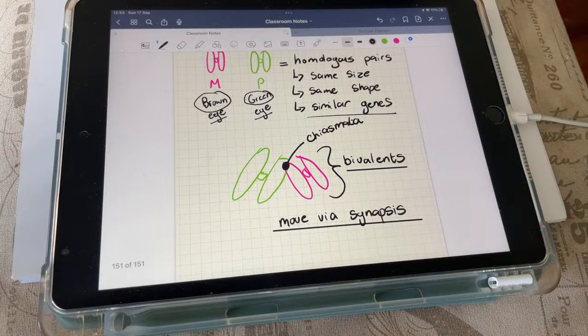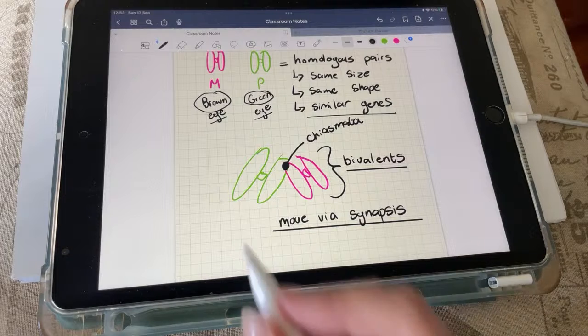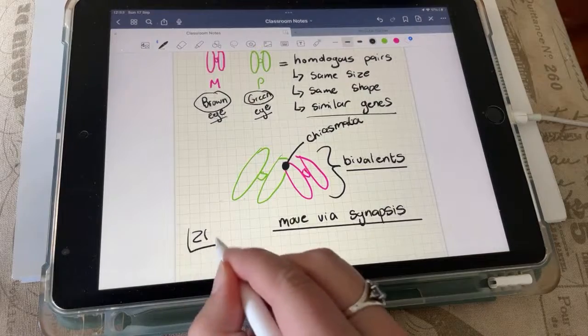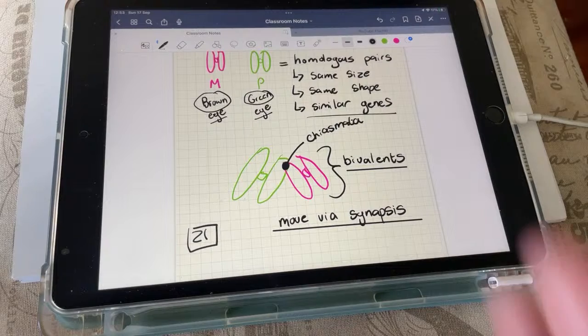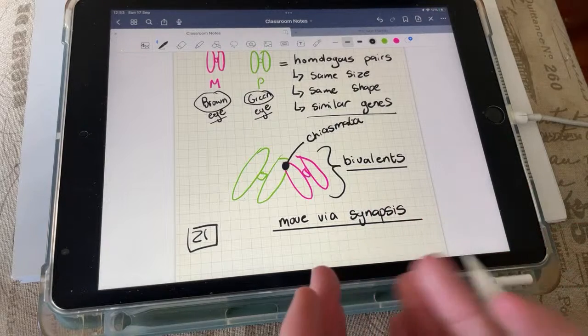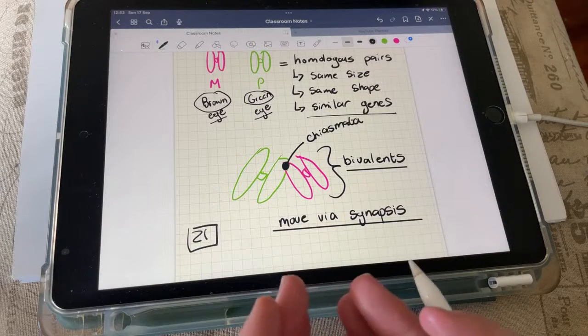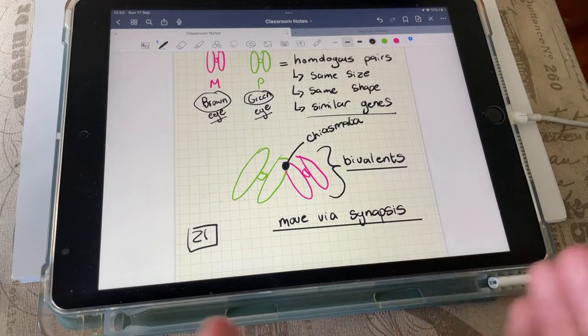All right, I'm going to leave it there, and I'm going to move into some questions on the chat. People are asking about Down syndrome. So yes, Down syndrome is when you have an extra number 21. And everybody, I suggest you go and look at your guideline today and go and learn it. There is a definition for abnormal meiosis when it comes to having an extra chromosome for Down syndrome.